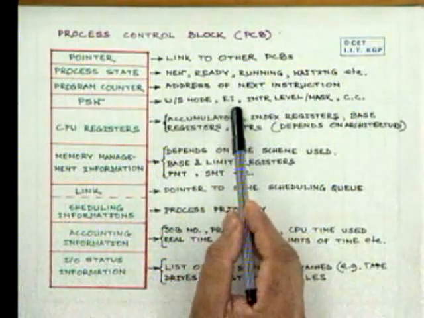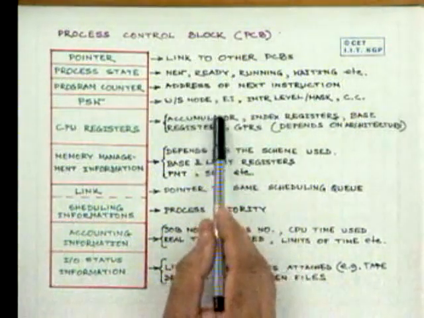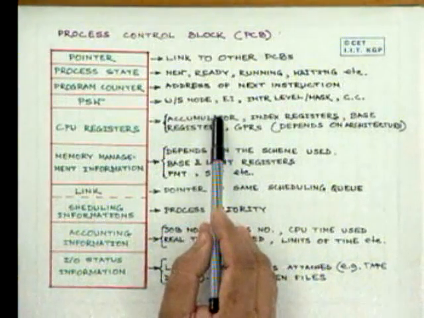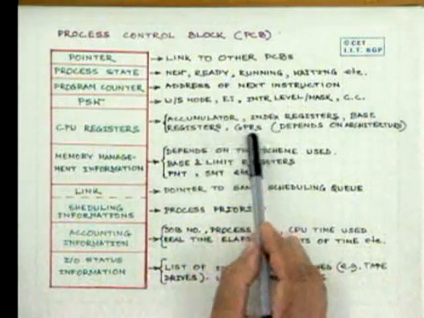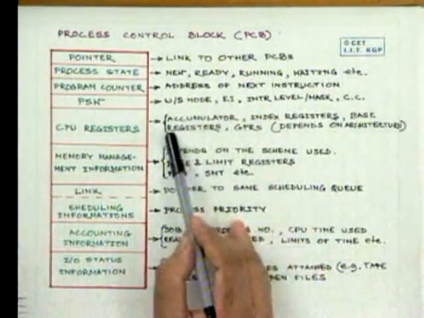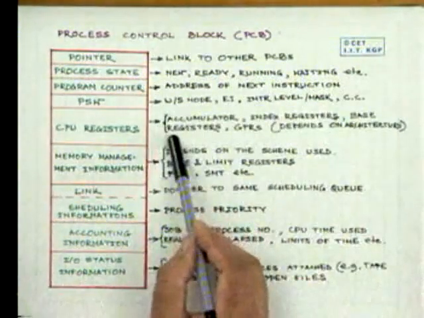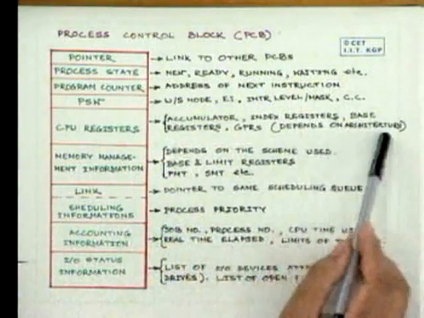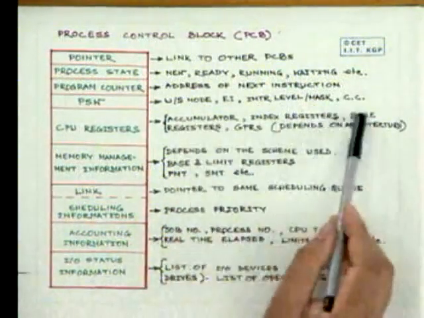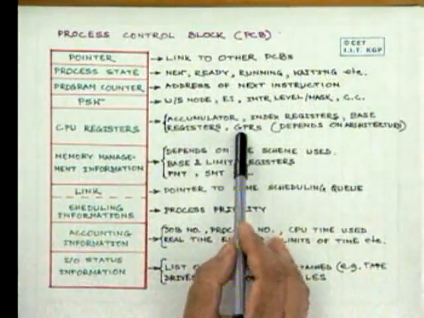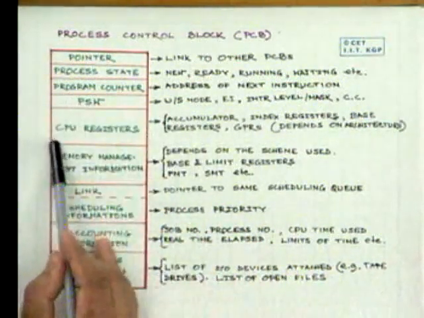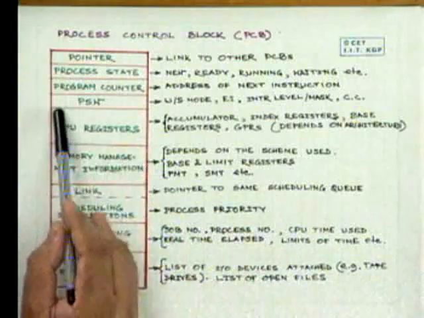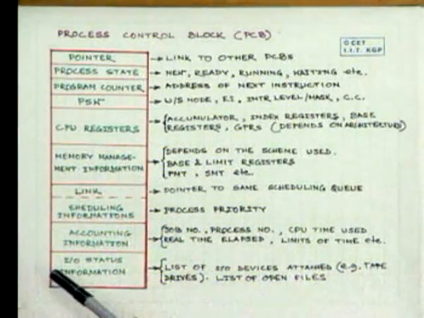If it's an accumulator-based system, then the accumulator will be there, along with index registers, base registers, and general purpose registers. The contents of all these registers which are relevant to the process have to be kept here, as copies.